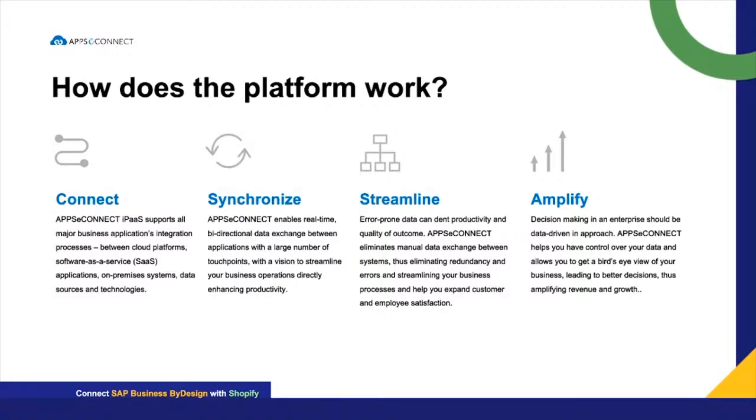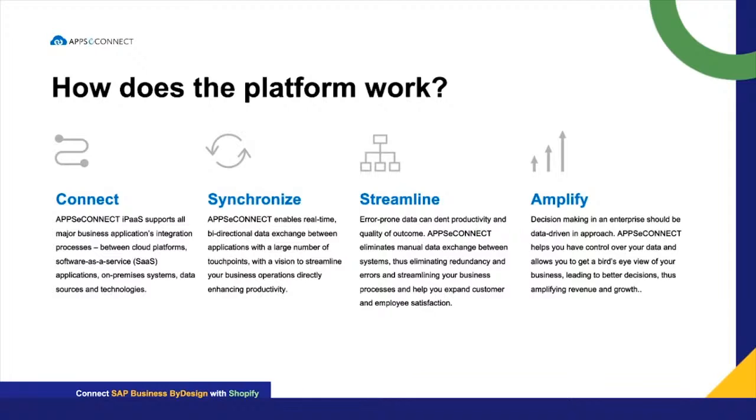Once the configuration part is done, everything is set up. For the deployment, we follow the hybrid and cloud integration model. We have two models for the deployment. One is the hybrid integration, another one is cloud integration. If you are using one SaaS-based application like a cloud application, and another one is on-premise, in that case, we'll go with the hybrid integration.